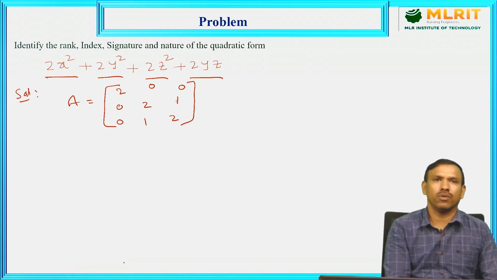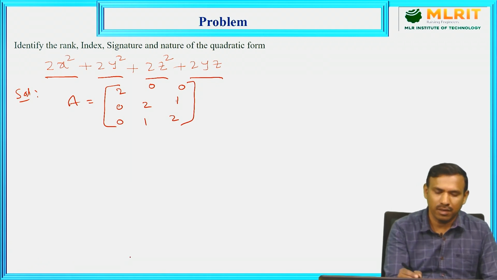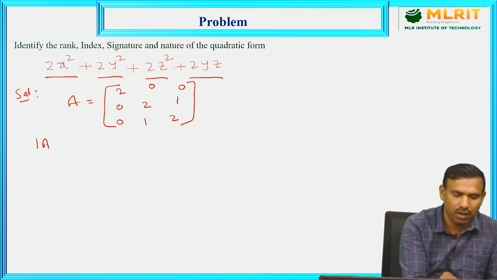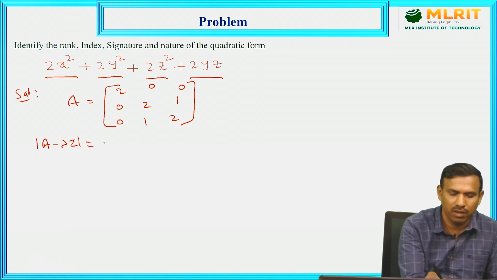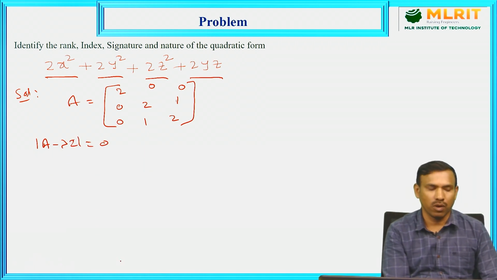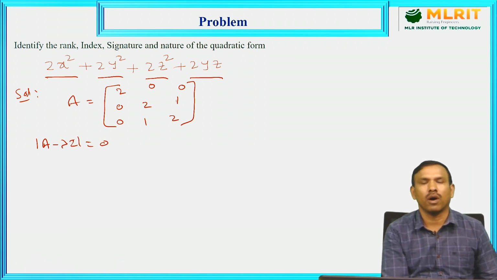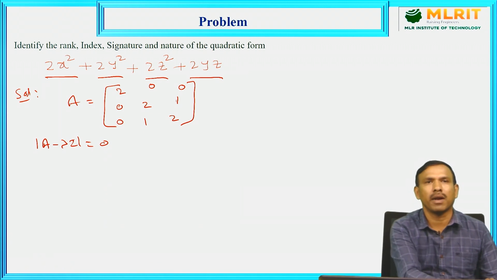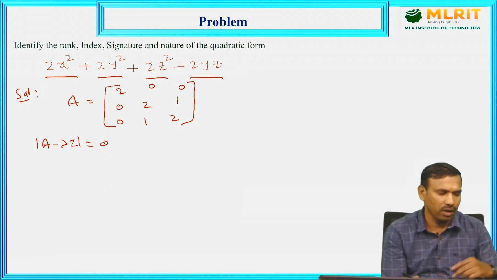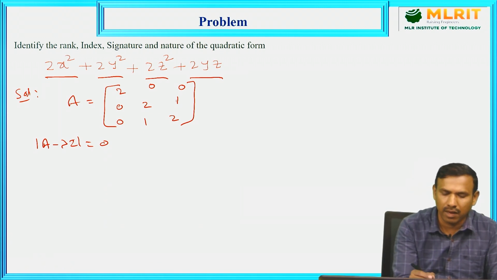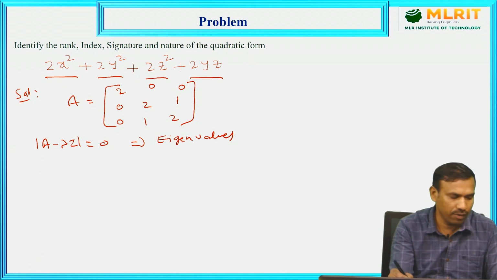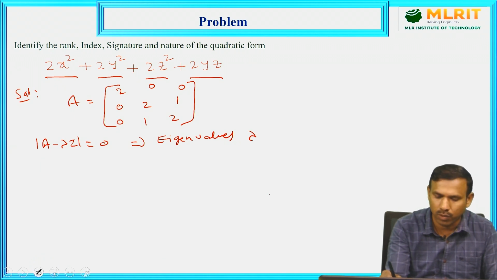Right. So for this matrix we need to find eigenvalues, that is det of A minus lambda I equal to 0. We already know how to find the eigenvalues of a matrix, so I am writing the eigenvalues directly. Solving, we get eigenvalues lambda equal to 1, 2, 3.